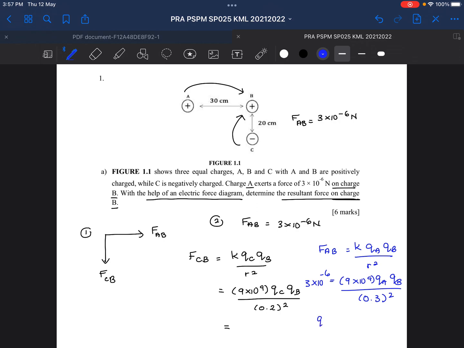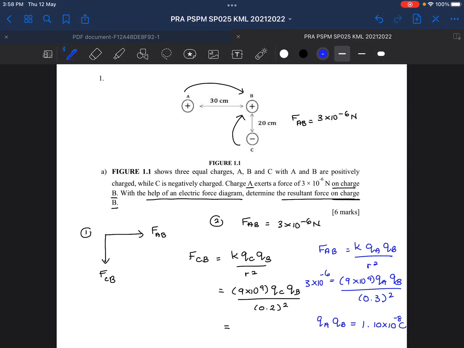And then QA and QB, what will you get? I think you will get 1.10 times 10 to the power of negative 8 C. Okay. So, Miss boleh ambil nilai QA and QB ni sama dengan QC and QB because they are all equal charges.